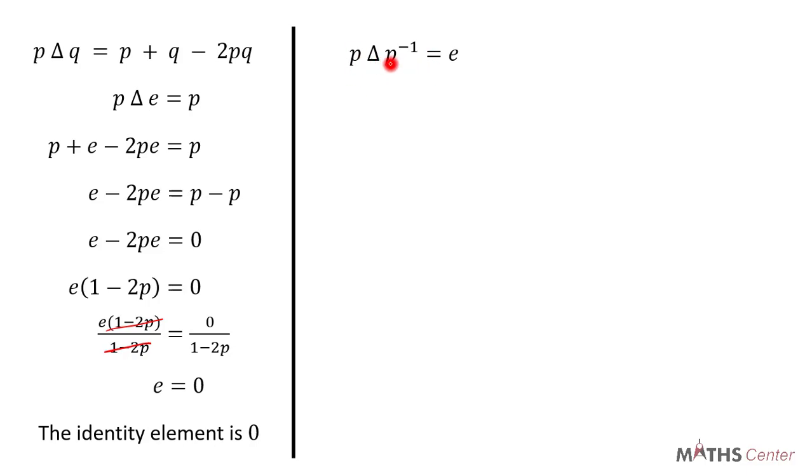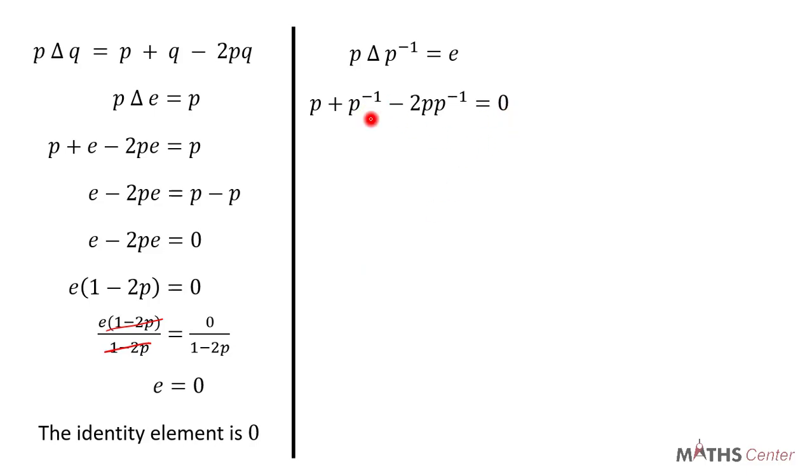Let's compute for P delta P inverse. The definition is P delta Q is equal to P plus Q minus 2PQ. So P delta P inverse will give us P plus P inverse minus 2 times P times P inverse. And this will be equal to the identity element E, which we have just found to be 0. So it's equal to 0.